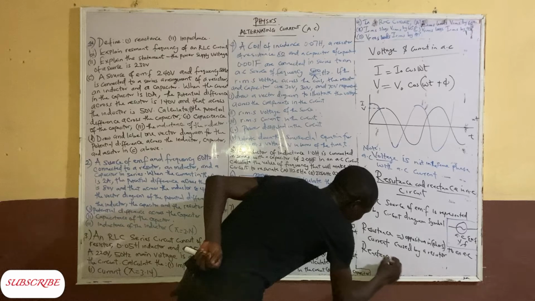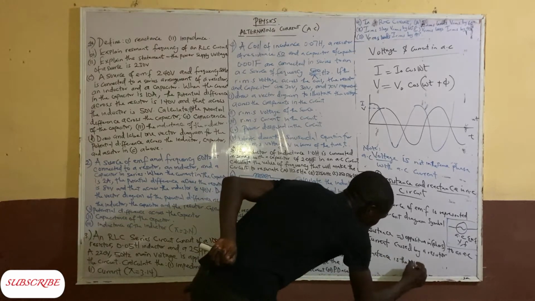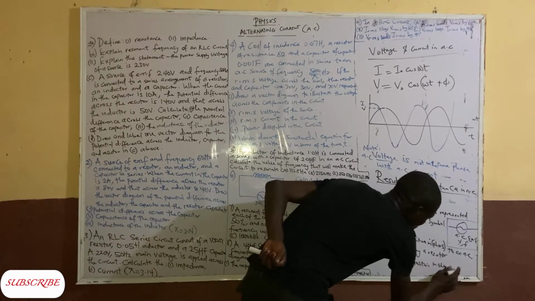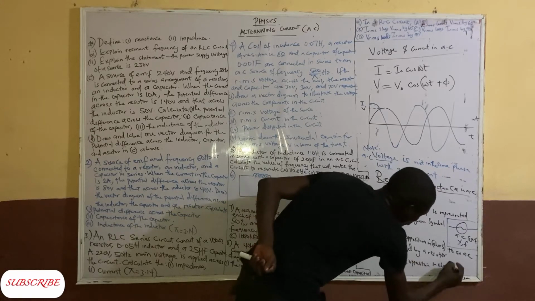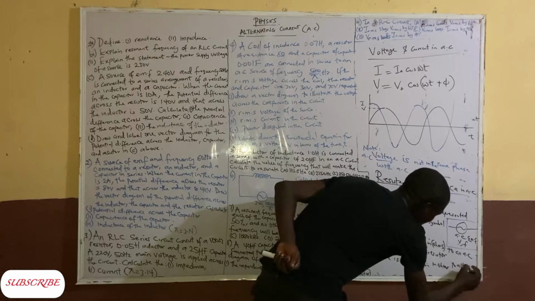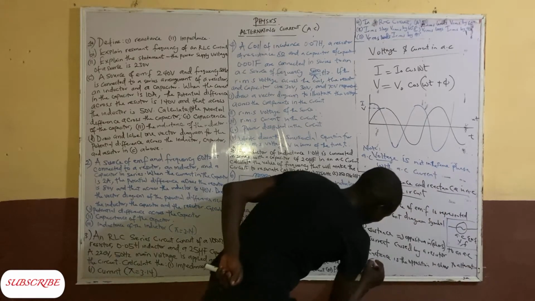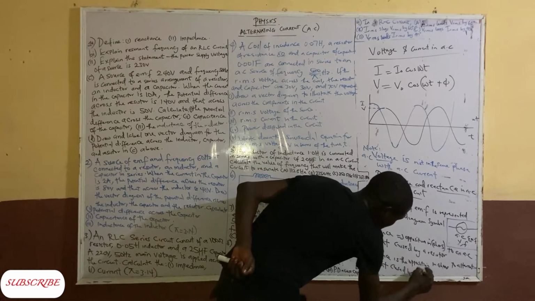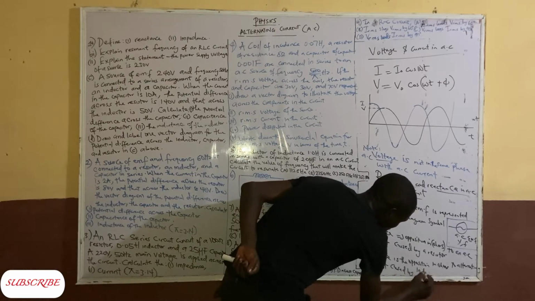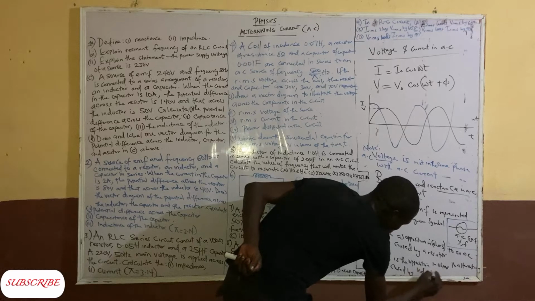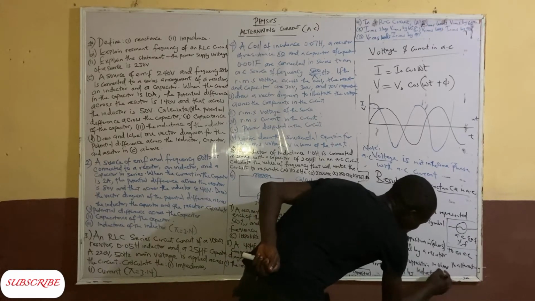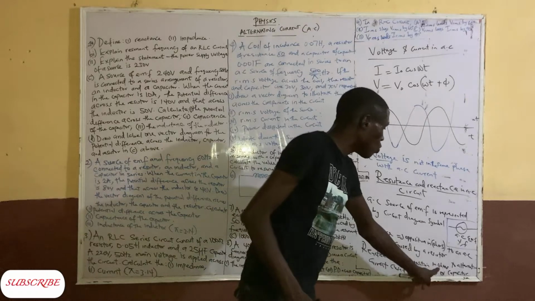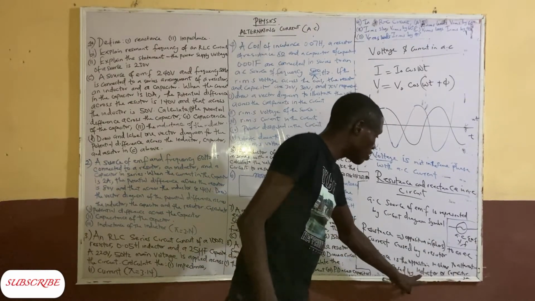Now reactance. It is also the opposition measured in ohms to alternating current caused by either an inductor or a capacitor.